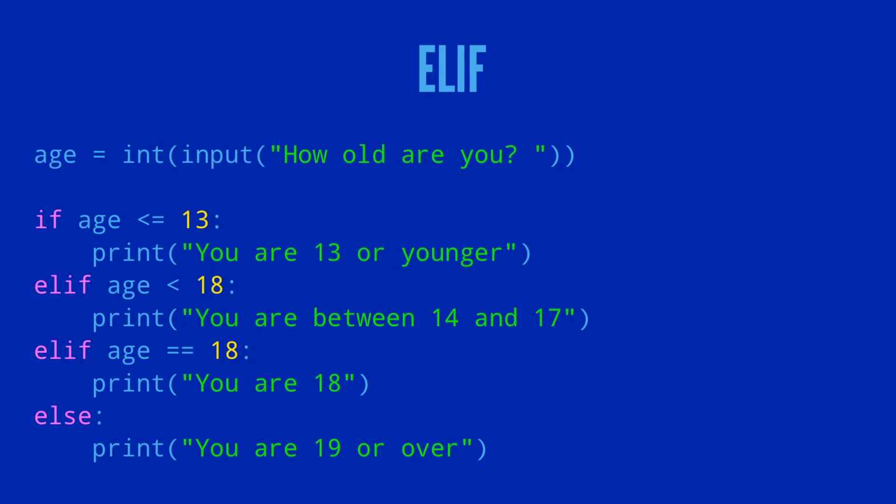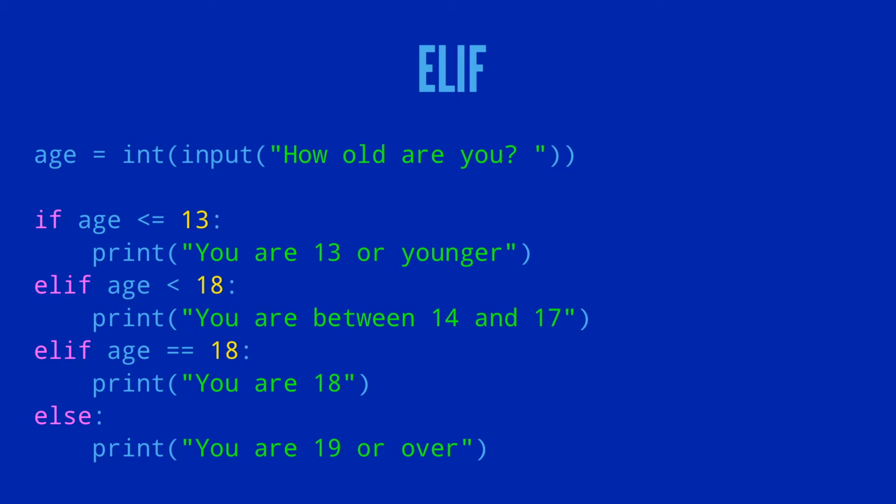If that isn't true, we'll move on to the next one, the elif. So if the age is less than 18, it will then say you are between 14 and 17. This is an interesting one because obviously you've just written that age is less than 18. You've not stated that age is between 14 and 17. So this is where you've got to have the implied logic that if the user was less than or equal to 13, that first block of code would have been executed.